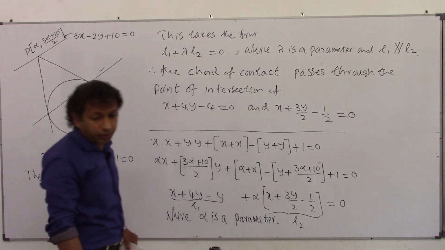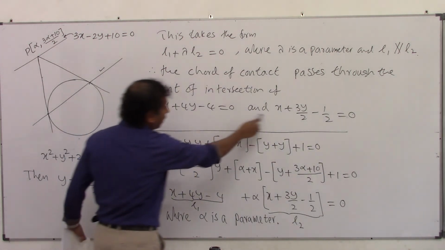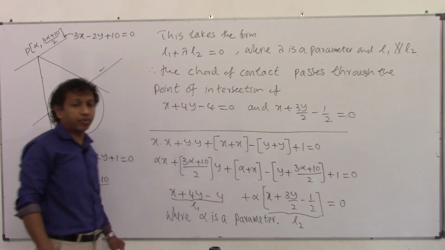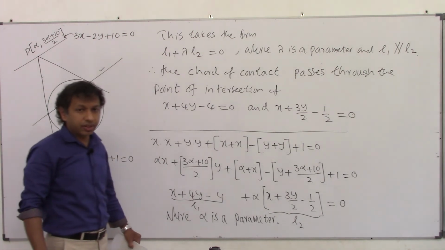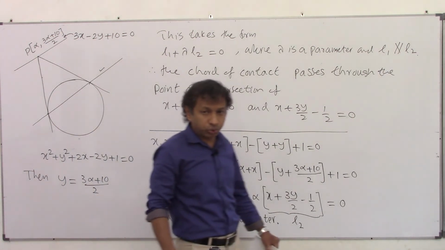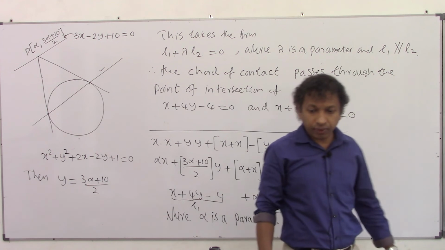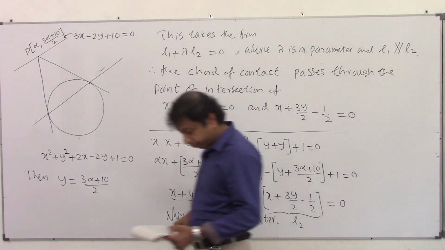These are two fixed lines, so their point of intersection is fixed, therefore the chord of contact passes through a fixed point.